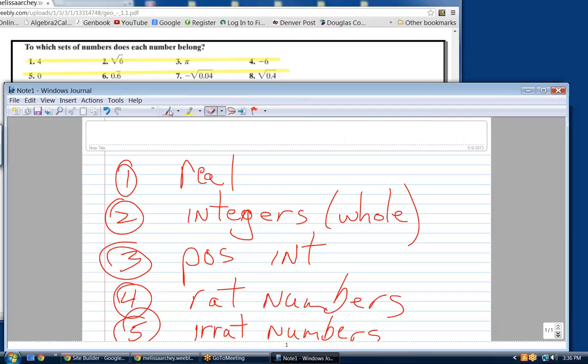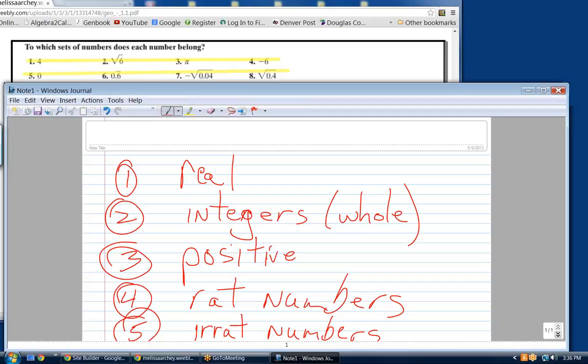Okay. So square root of 6 would certainly be real. It's not an integer. It is positive. Let's change this category to positive, not integers, because there's the set of positive numbers and there's the set of negative numbers. Right, and that's what I was saying, like natural numbers.